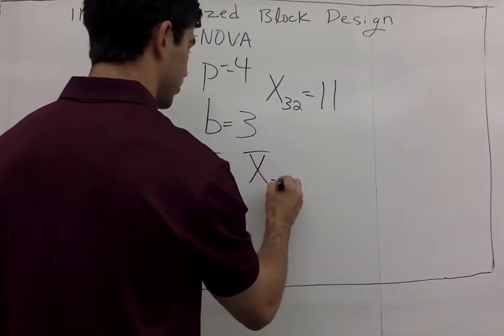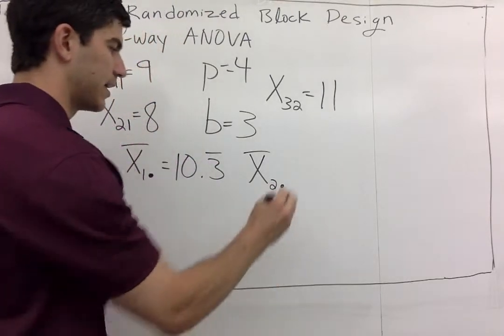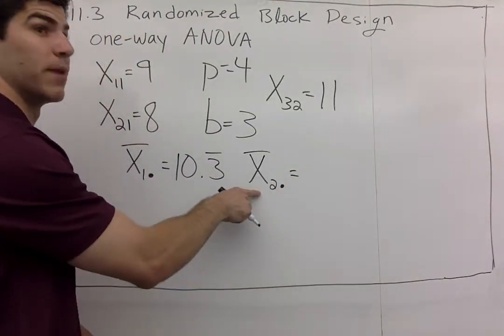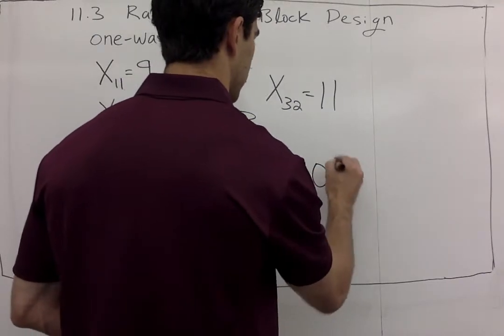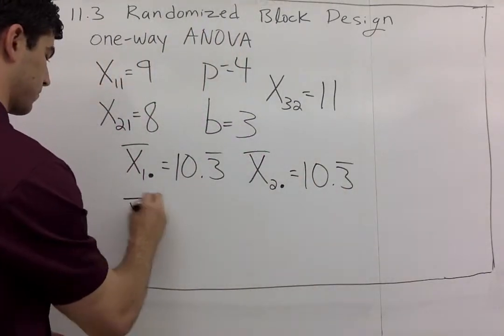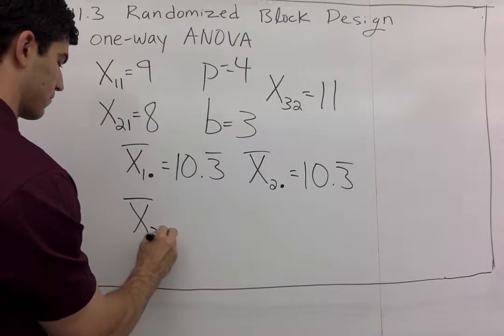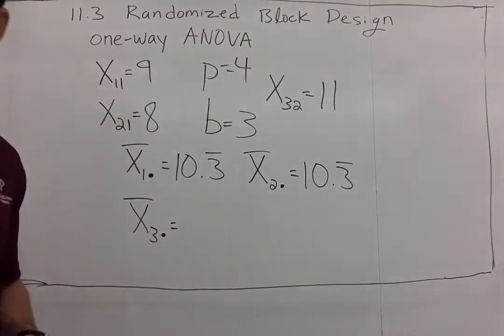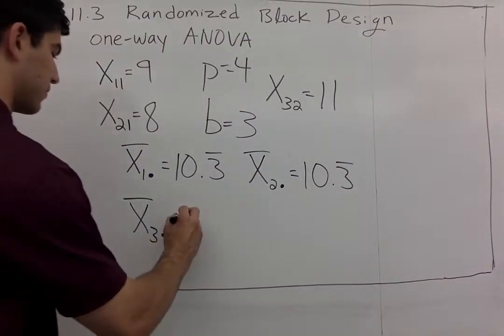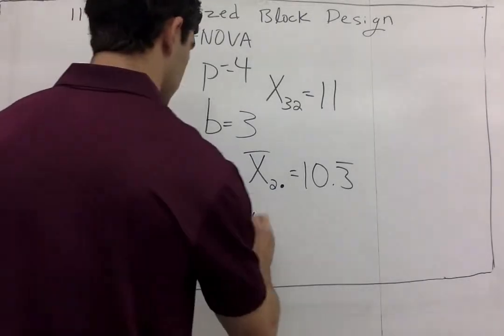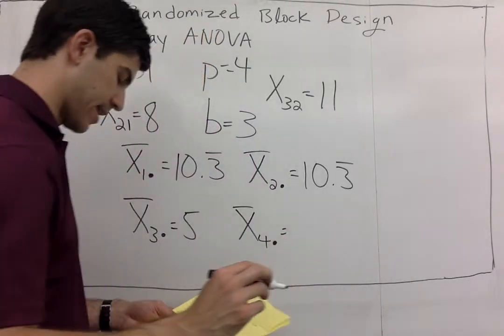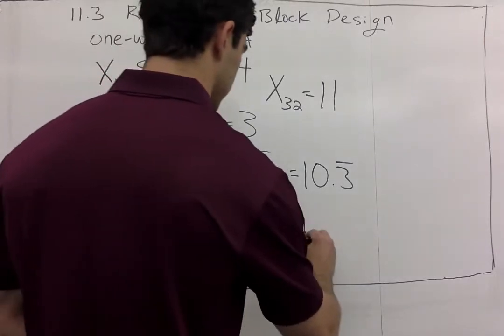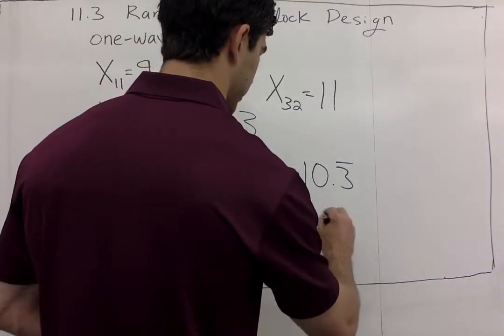So X2 dot is the average for production method 2, which would be 10.3. Production method 3 has an average of 5. Production method 4 has an average of 4.667, and that goes on.